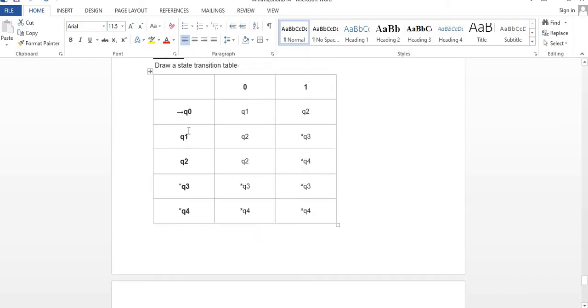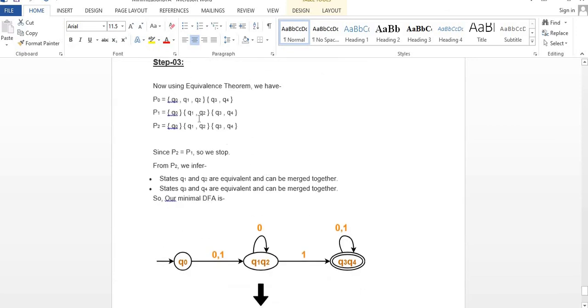Now among Q0, Q1, Q2, is there any other similarity? Yes, Q1 on 0 goes to Q2, Q2 on 0 goes to Q2. So put them together: P1 is equal to Q0, Q1 comma Q2, Q3 comma Q4.